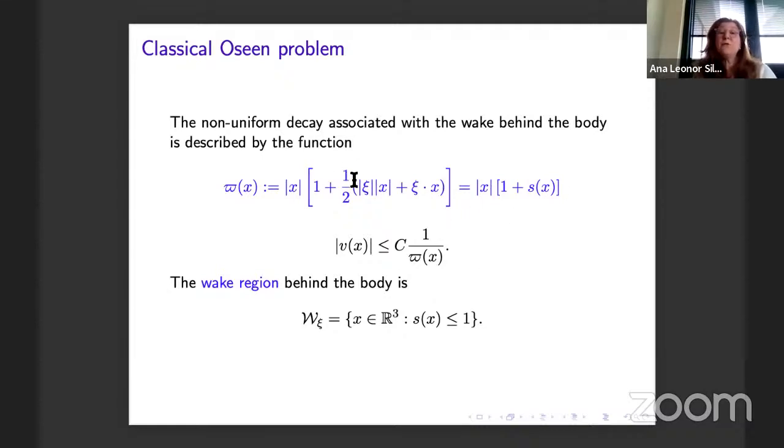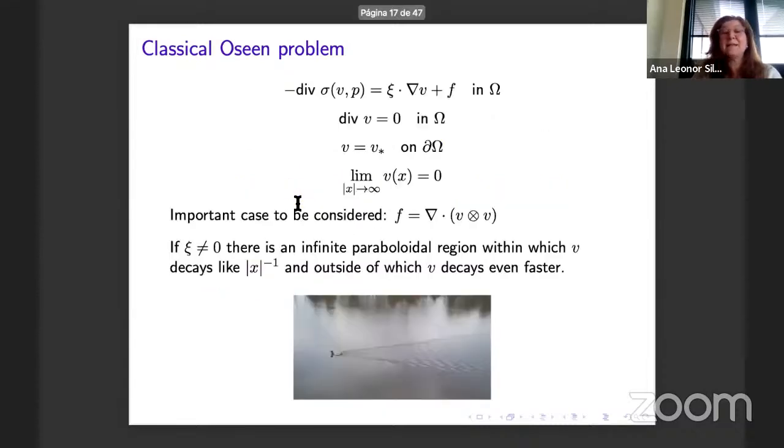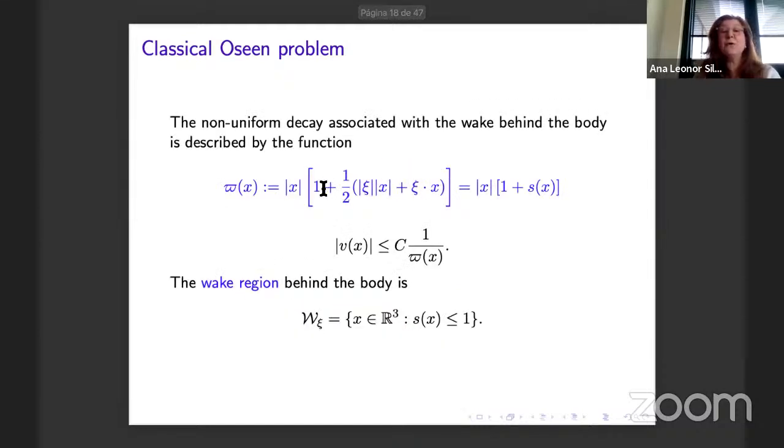So the non-uniform decay of the velocity is described by this weight function. We have here the 1 over the modulus of x that somehow appeared here, okay? But then we also have this other term, okay?